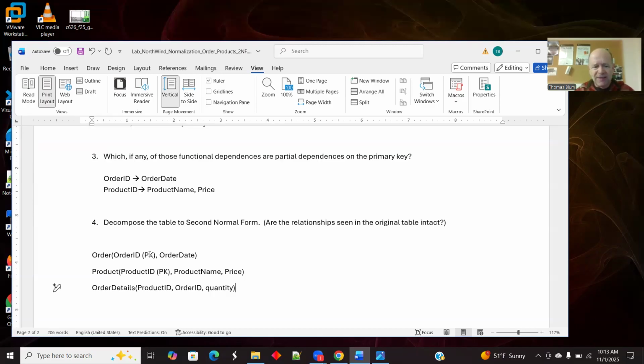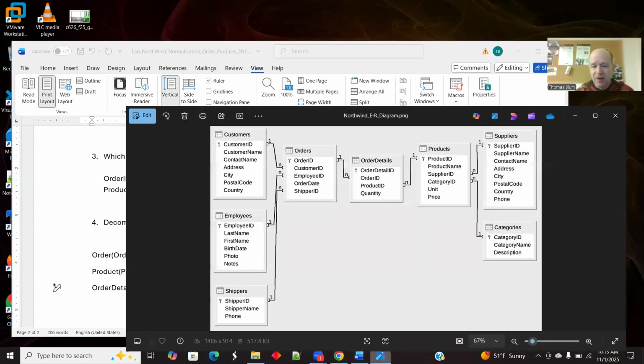We can use product ID and order ID as a composite primary key for this table, or we can introduce a single field primary key for this table.